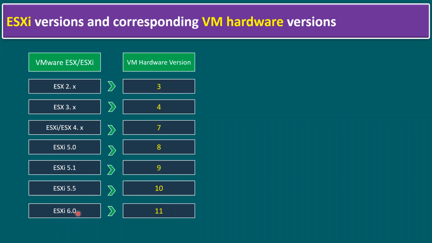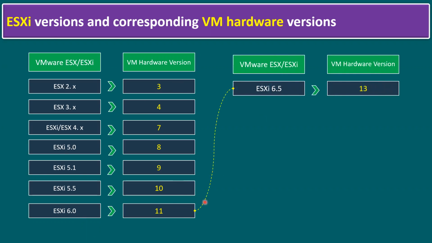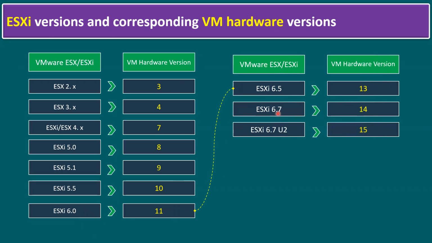In the same way, the version following ESXi 6.0 is ESXi 6.5, which has virtual machine hardware version 13, and 6.7 and 6.7 update 2 have slightly updated versions 14 and 15.